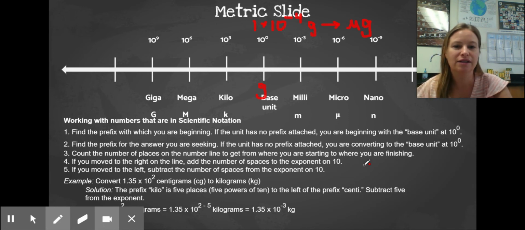So it's 10 to the negative 4th plus 6, which is going to be 10 to the 2nd power. Okay, so that would be my answer. 1 times 10 to the 2nd power micrograms for that problem.